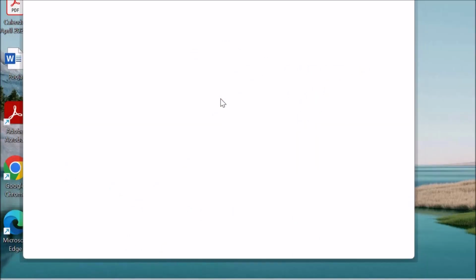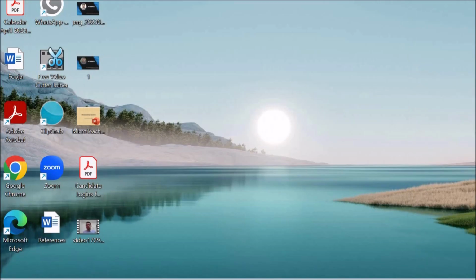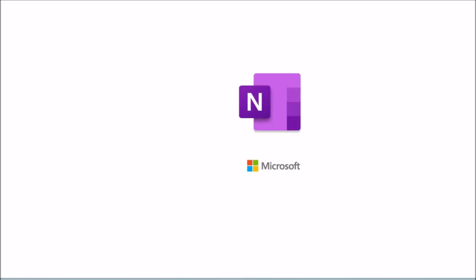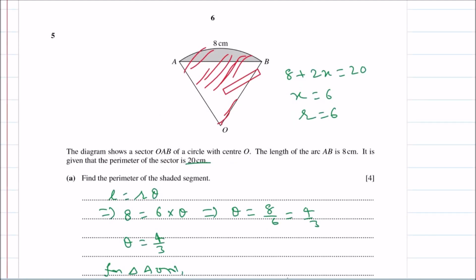From this, we can subtract the area of the triangle part, which is unshaded. Right? So this will give us the area of the shaded segment.